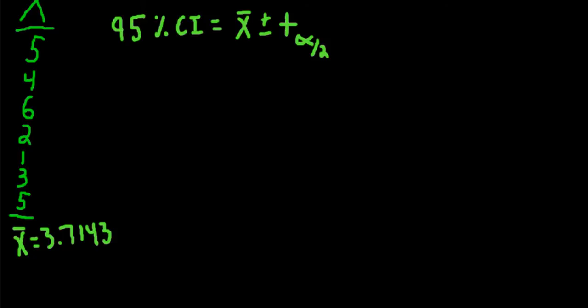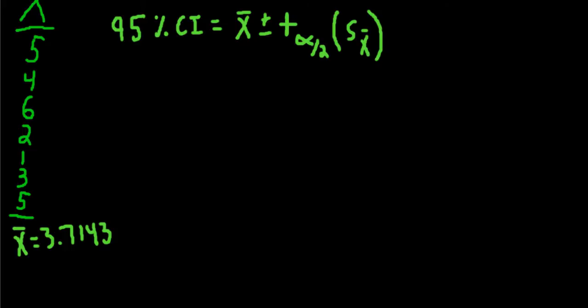So that would be 1 minus 0.95 to determine which t-critical value to plug into the equation, times the product of that t-value times our standard error of the mean.